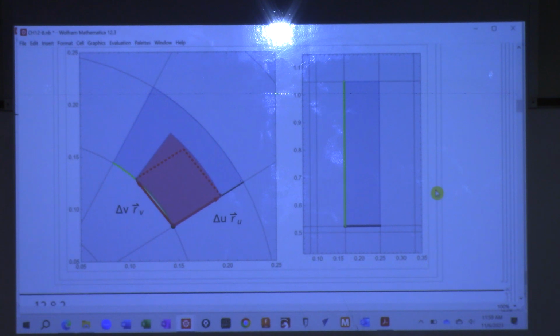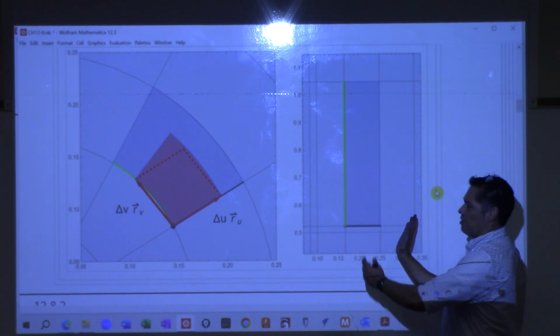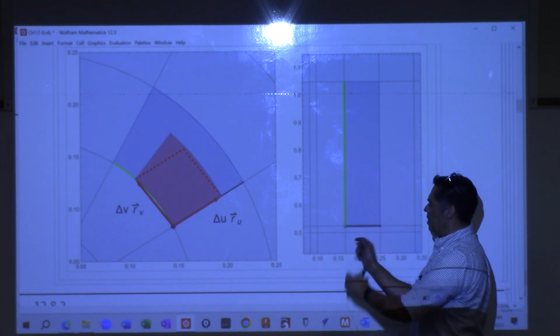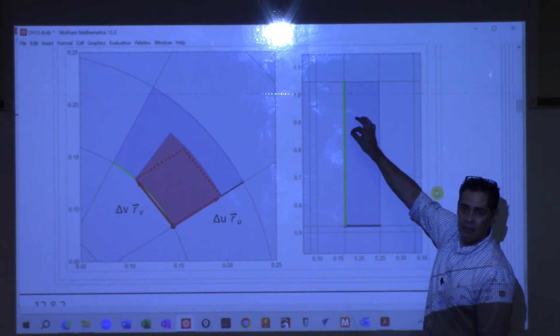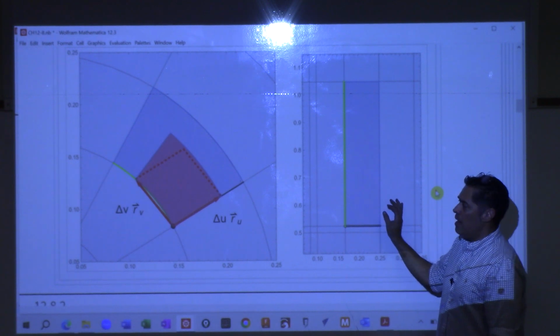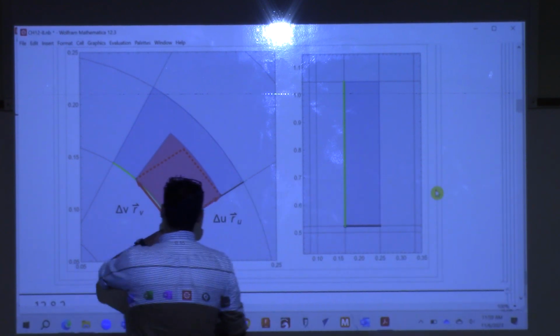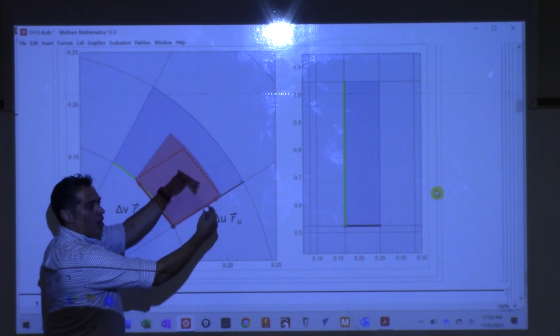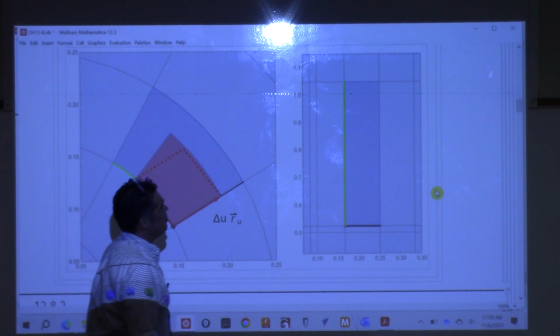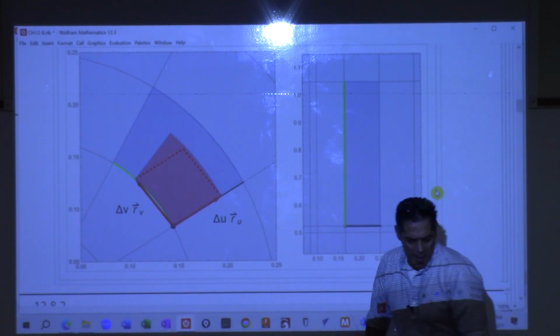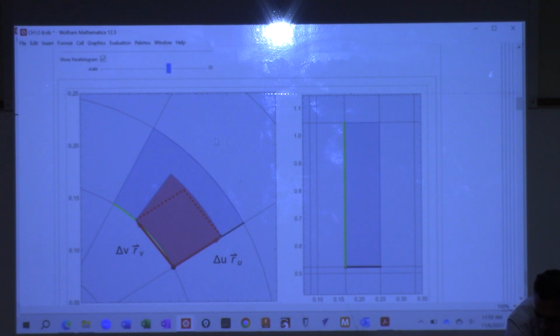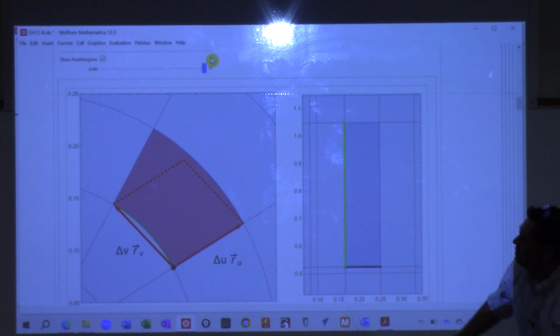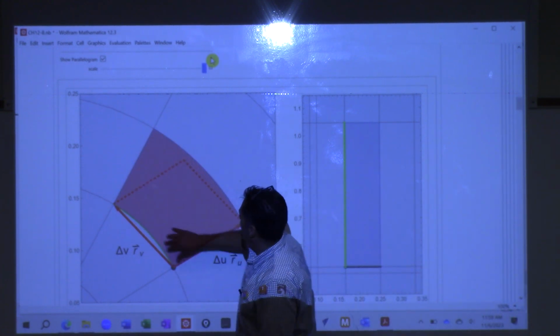This right here is the polar conversion. So the right side is Cartesian, okay? This is Cartesian, x, y, and then over here, you have theta and r. What we want to see is, is there a way that you can approximate this red area?